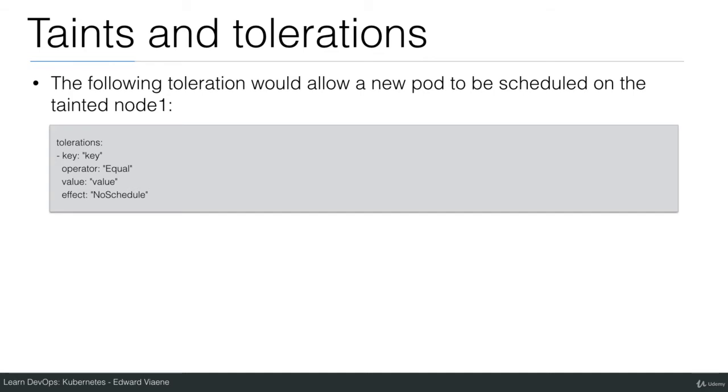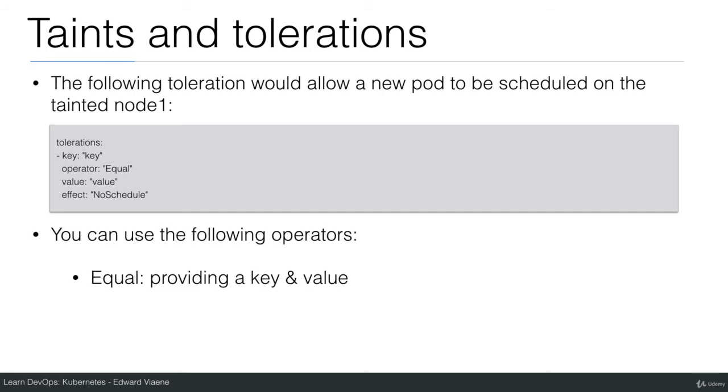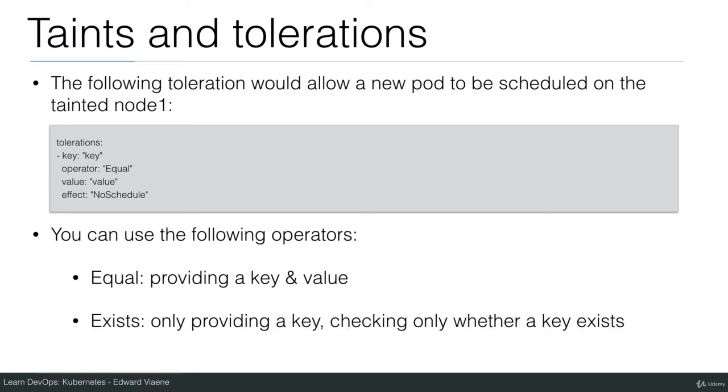So this matches the previous taint that I created on node1. So if you would create a pod or a deployment that uses this pod specification, then this pod could be scheduled on node1. You can use the following operators: Equal, providing a key and a value, as in the example above, or Exists, only providing a key, checking only whether a key exists.